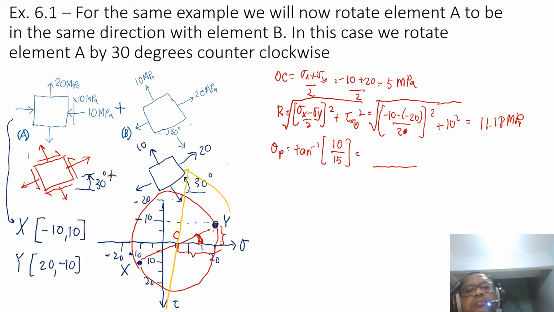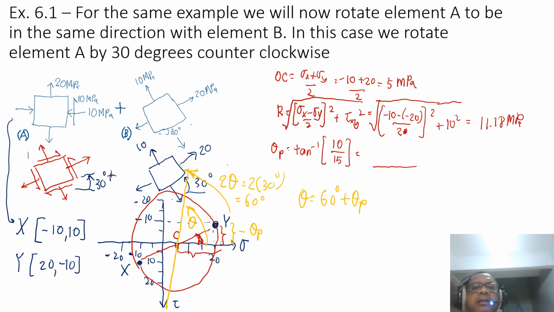So I'm going to move here by 2 theta, 2 times 30 degrees, 60 degrees. So I have this angle here, theta p. So in overall, my total angle theta equals 60 degrees plus theta p.